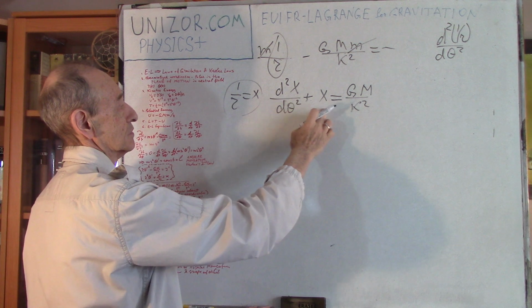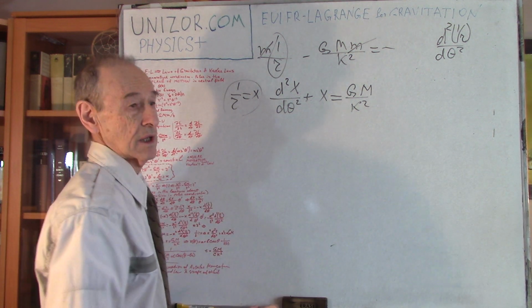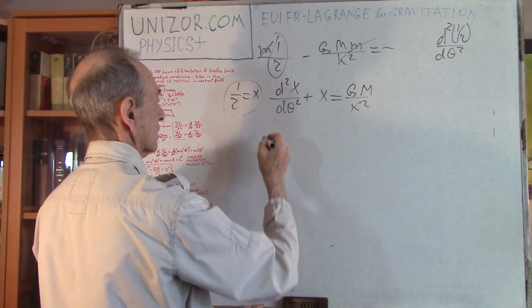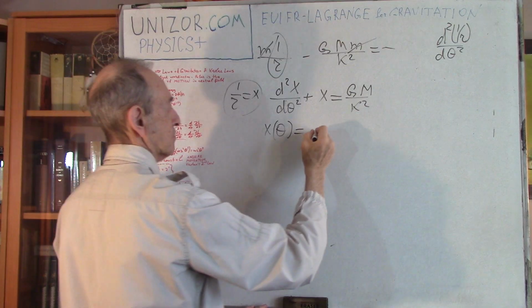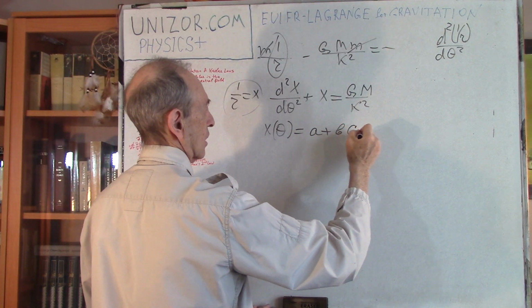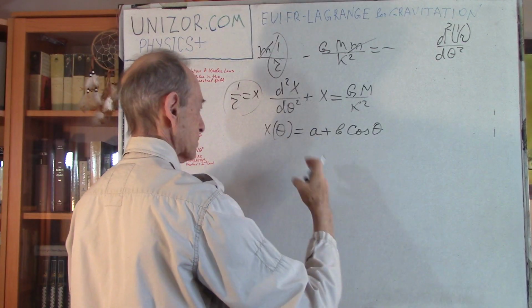Obviously, the second derivative of the function and the function itself implies trigonometry, like sine or cosine, etc. Now, the general solution of this is basically a plus b cosine of theta, but we will express it differently.